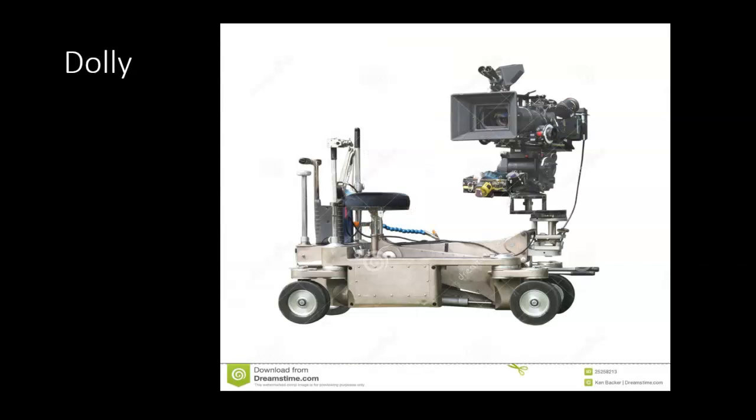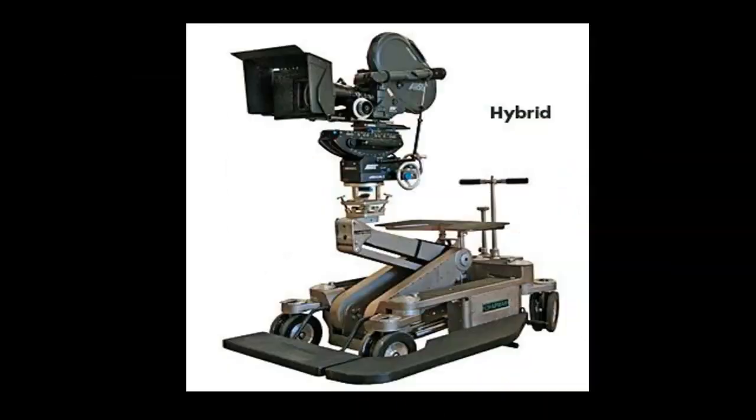This is a dolly, which is often put on a track, and it allows you to smoothly move the camera. This takes 3 people, believe it or not. One person to push, one person to keep the image in frame, and another to keep the image in focus. So it's an expensive proposition.